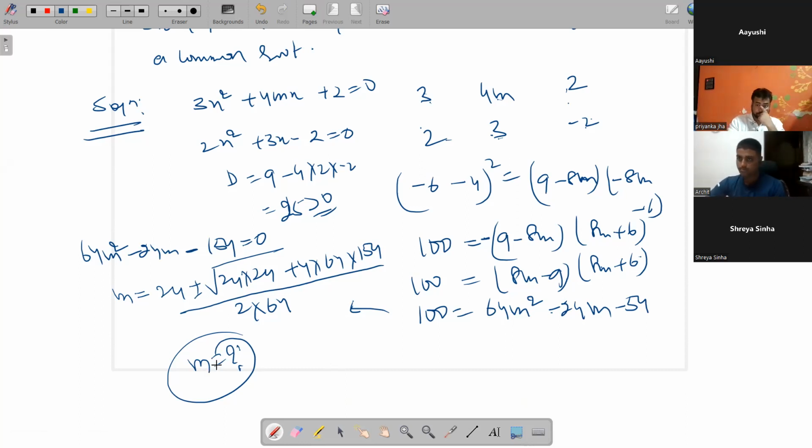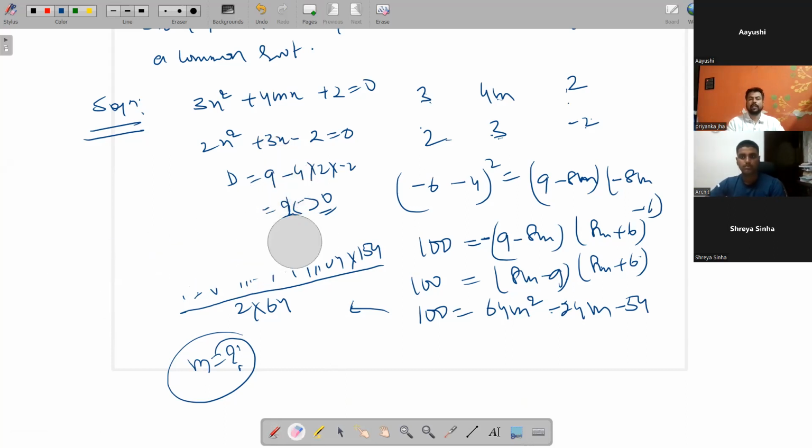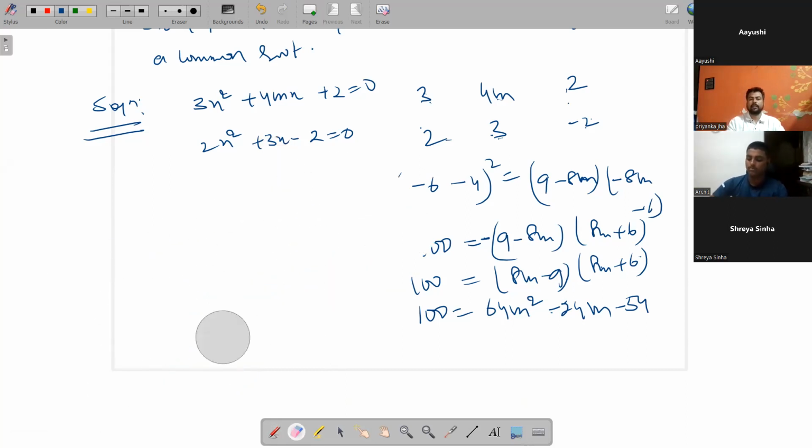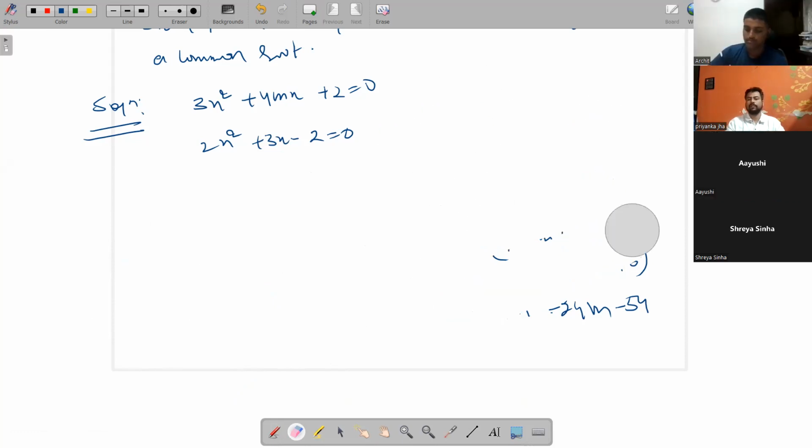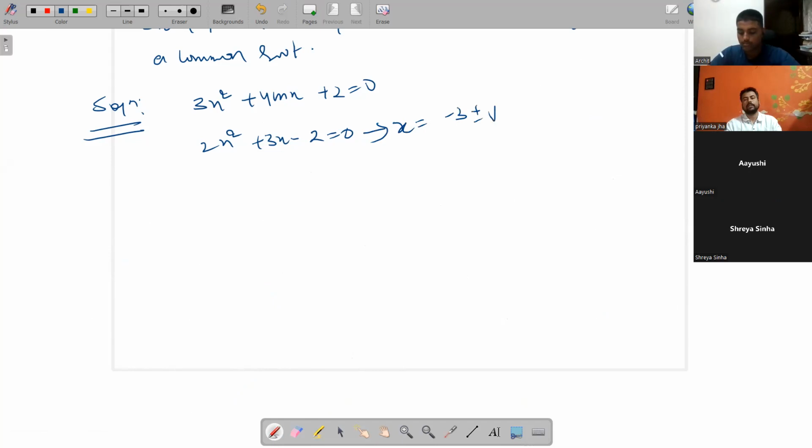Noted? Now see, this is going to be a little lengthier, right? So we'll try another way. How? See, we can find the roots of this equation, right? So find minus b plus minus under root b square minus 4ac.